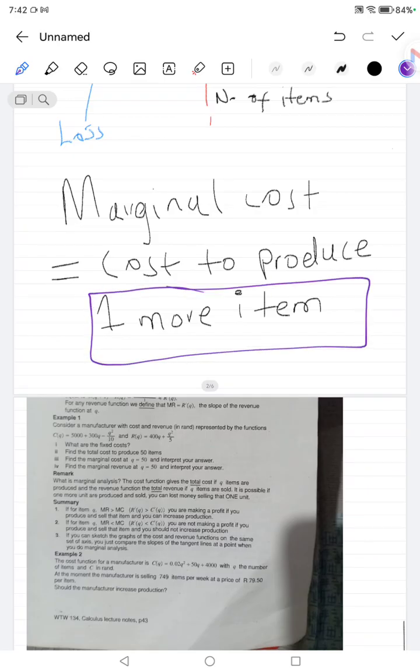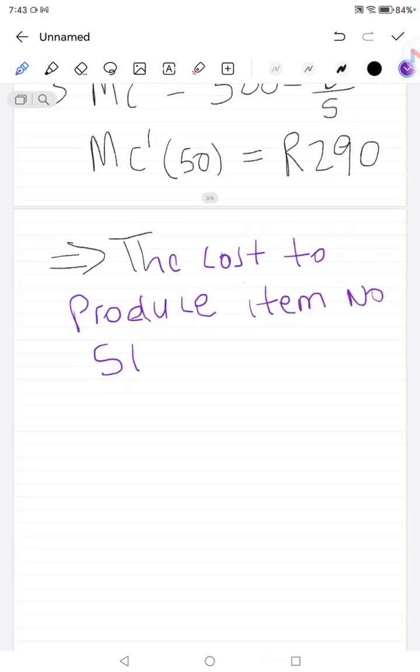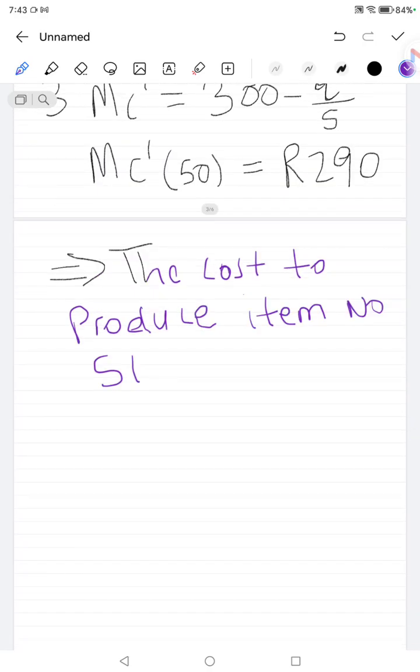If we were considering 20, it means now we're going to be making the conclusion with regards to number 21. But now we've calculated using the 50th item. So the cost to produce item number 51 is 290. Remember sections B and C, conclusions.